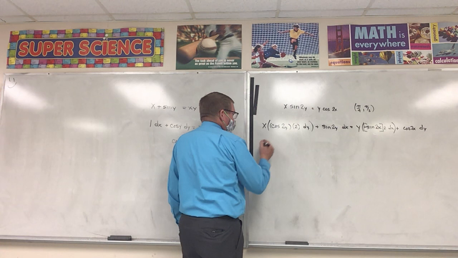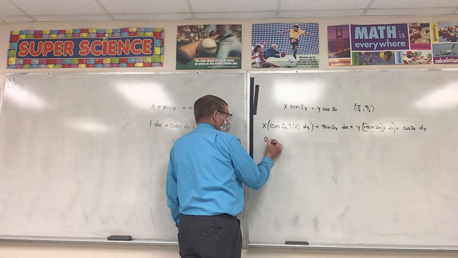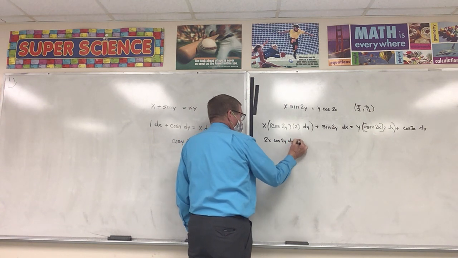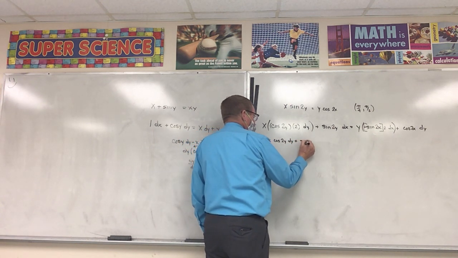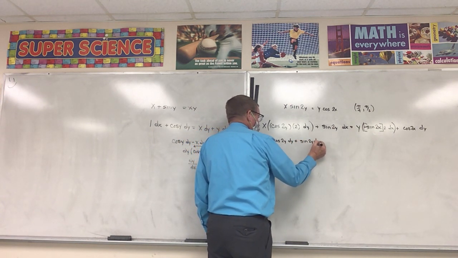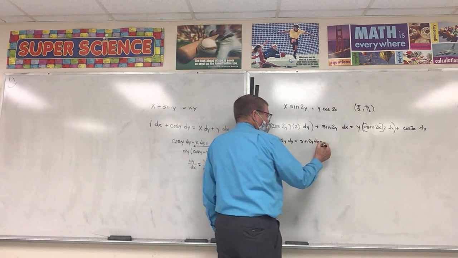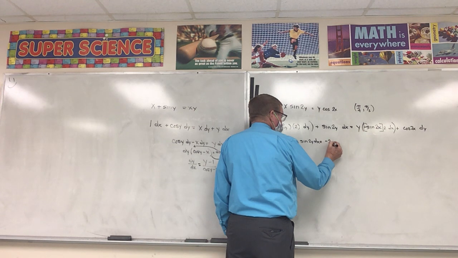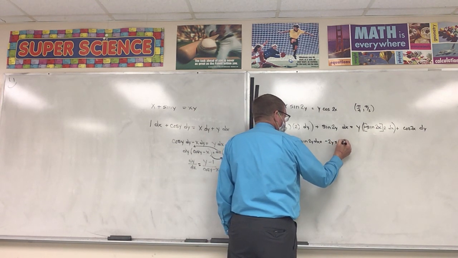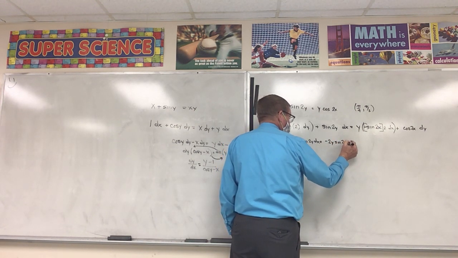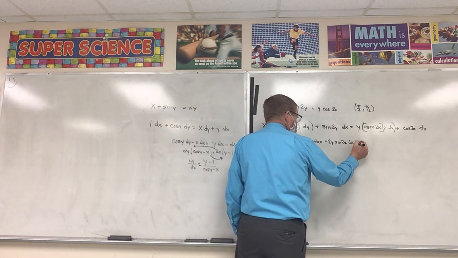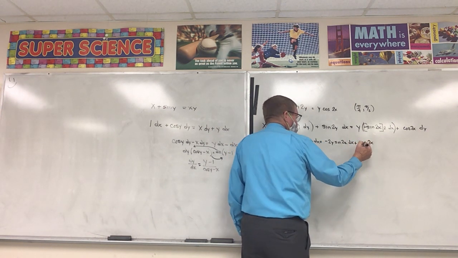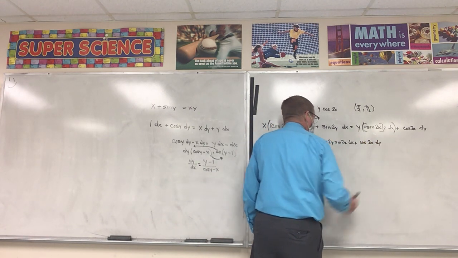So let's simplify this up some. This is going to be 2x cosine 2y dy plus sine 2y dx equals negative 2y sine 2x dx plus cosine 2x dy.